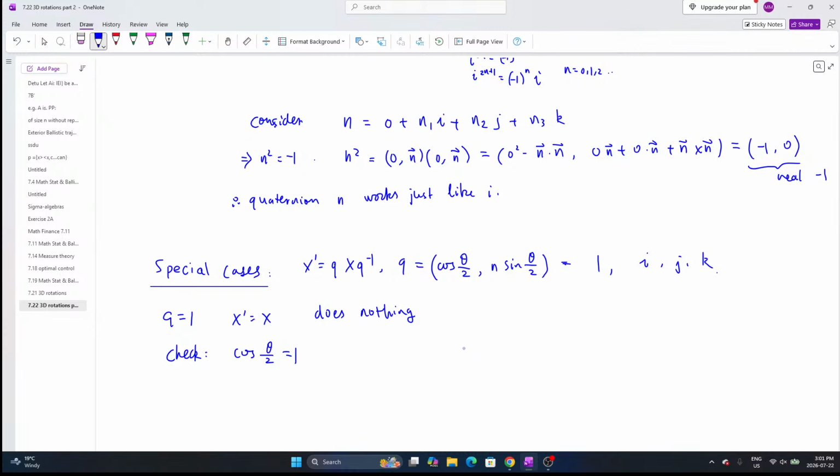So if cosine of half theta equals 1, then sine of half theta must equal 0. Sine of half theta equals 0 just means theta equals 0, so no rotation.